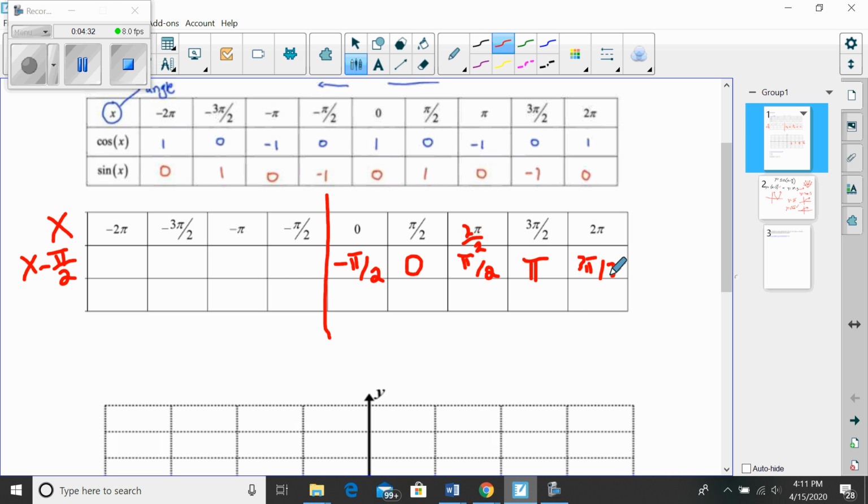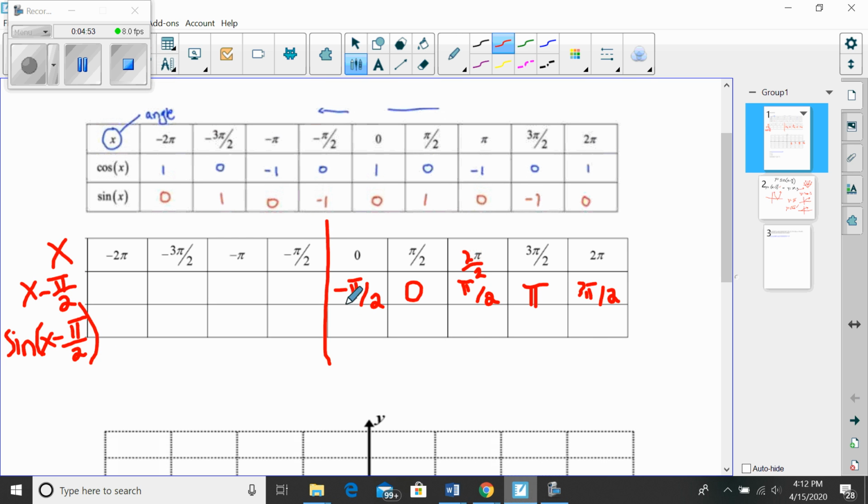So now, when I go to find the sine of x minus pi over 2, well, look up here at what's in red. The sine of negative pi over 2 is negative 1, but now this negative 1 occurs at x equaling 0. And then sine of 0 is 0.